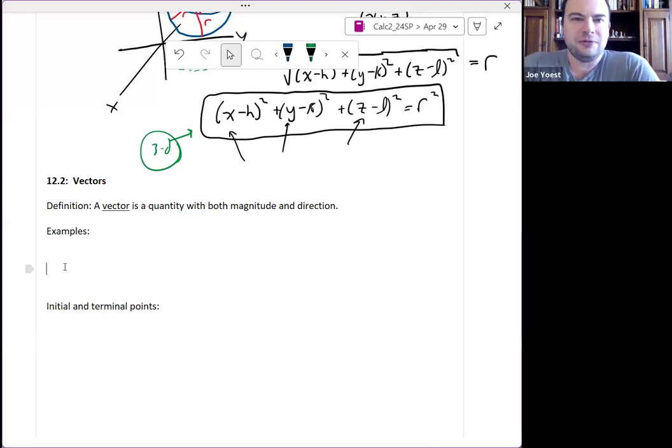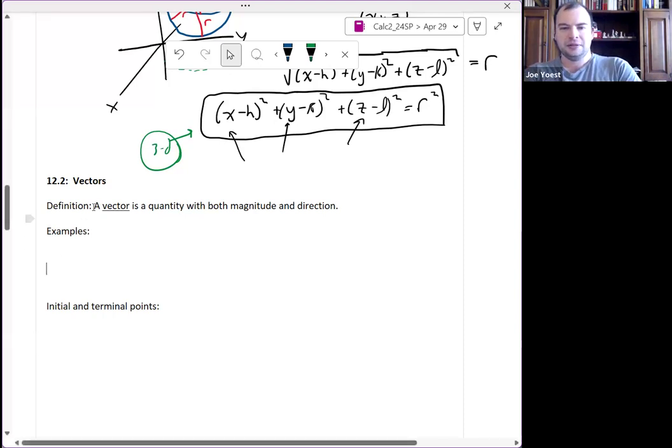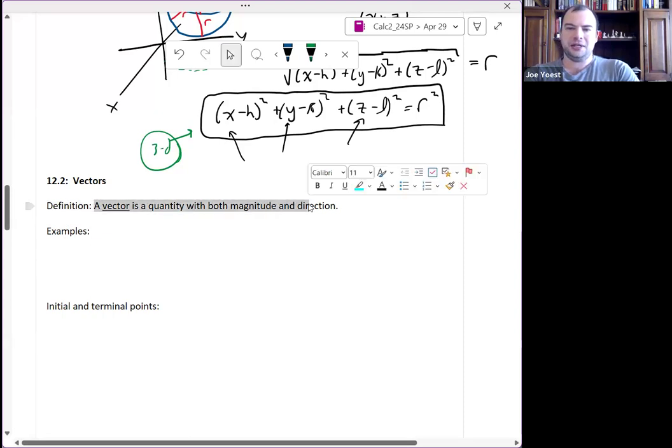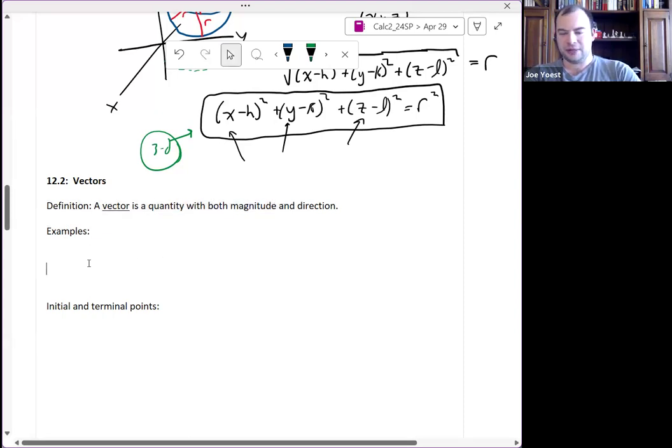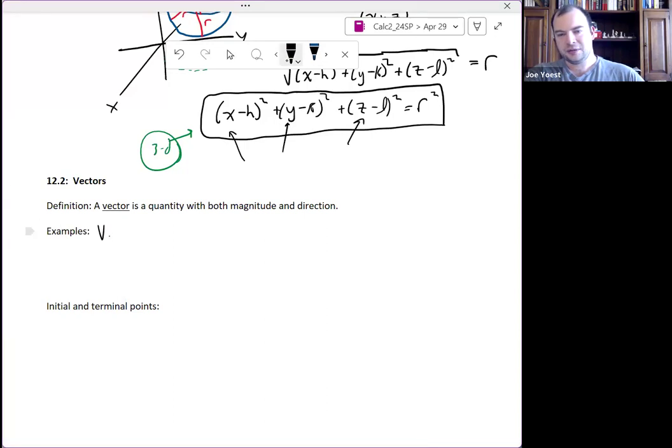Moving on to 12.2, vectors. The definition of a vector is a quantity with both magnitude and direction. Some examples are velocity, as opposed to speed, the scalar equivalent.